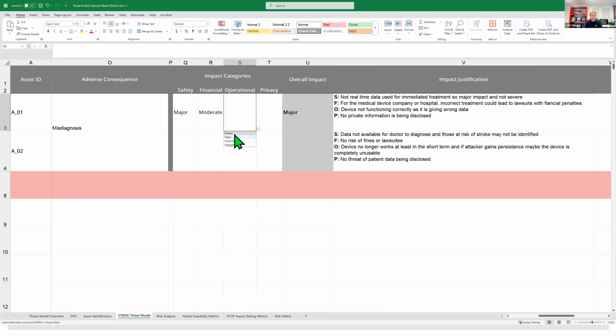Operationally, we said that this was severe because the device is not fulfilling at all its primary goal. And then privacy is negligible. The reason we put privacy in there is that one way or the other, you will be thinking about privacy, about information disclosure because of HIPAA or GDPR or other regulations.